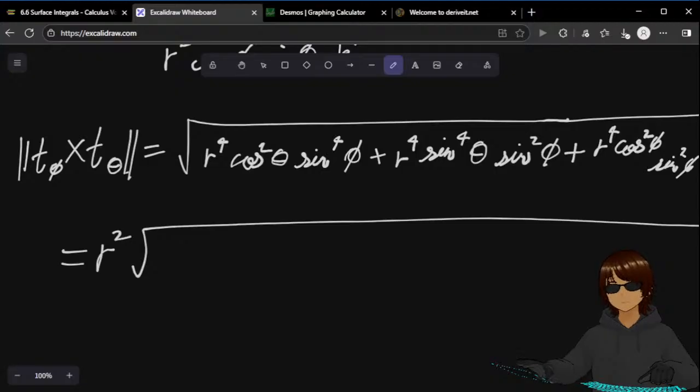Cos square sine 4, sine 4, sine 2, cos 2, sine 2.